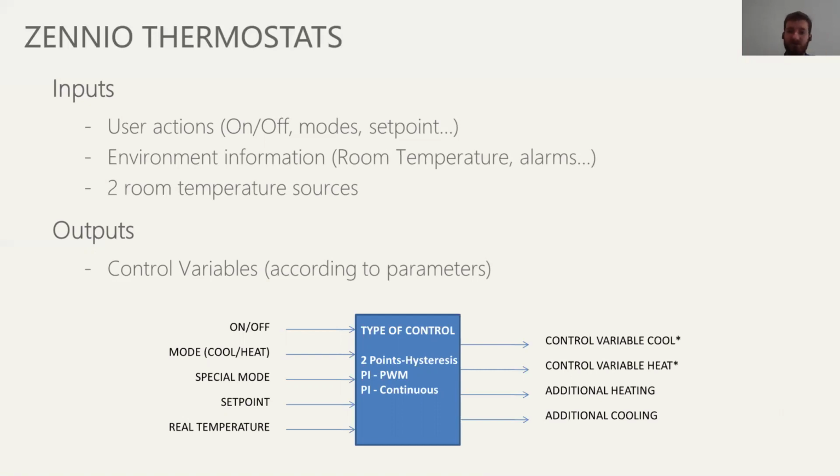And we saw the control variables before at the beginning. Control variables can be either 1 bit for 2-point hysteresis, 1 byte for PI continuous, or again 1 bit for PWM. The good thing, for example, when using PWM is that you get both responses. So you will get the 1 byte object and the 1 bit object.